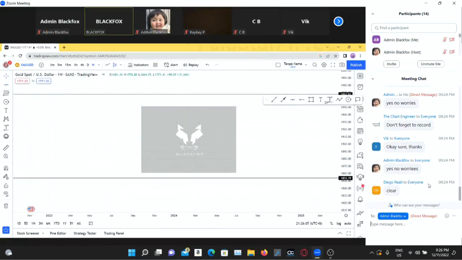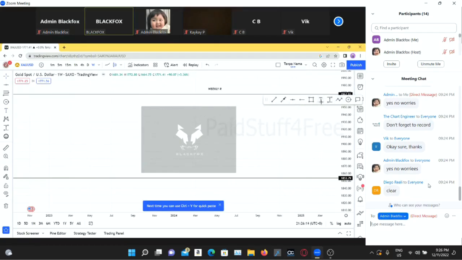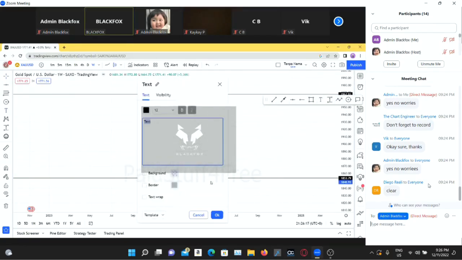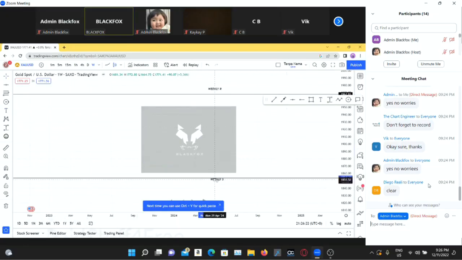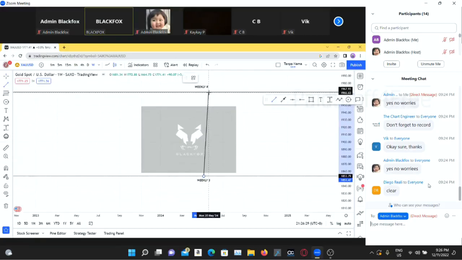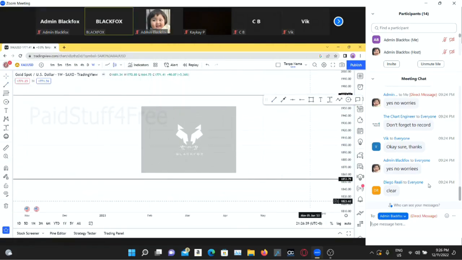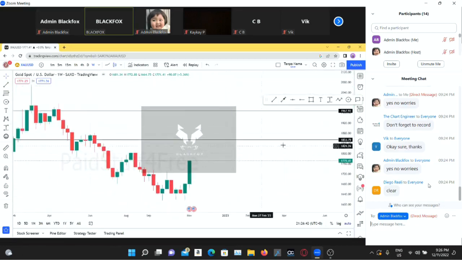So I will take this weekly. This one is weekly resistance, and this one is weekly support. The script is from support to resistance. Finish at resistance, the price will find new support.